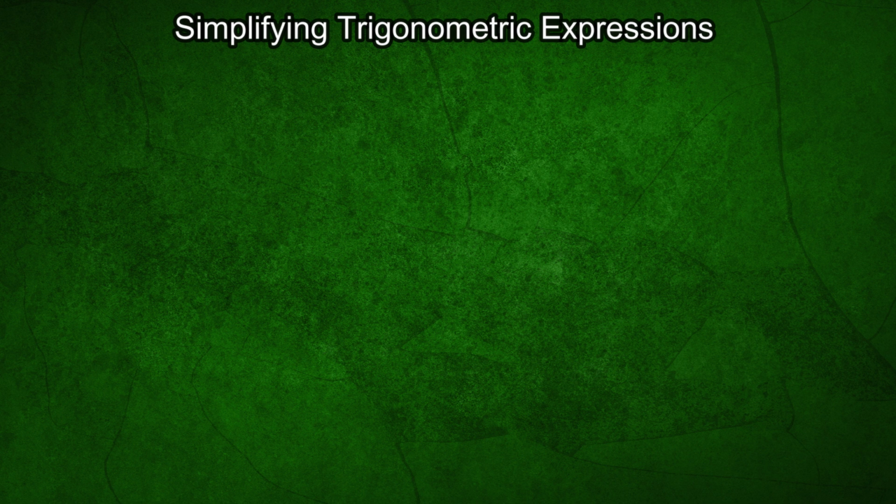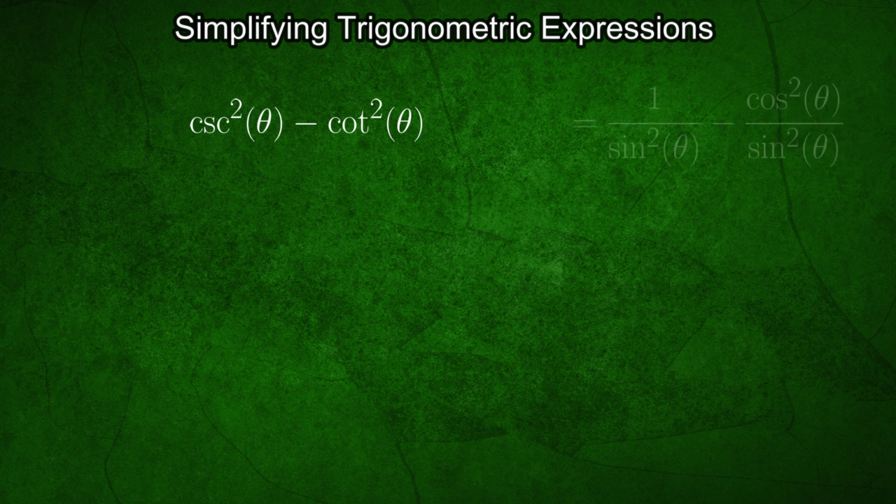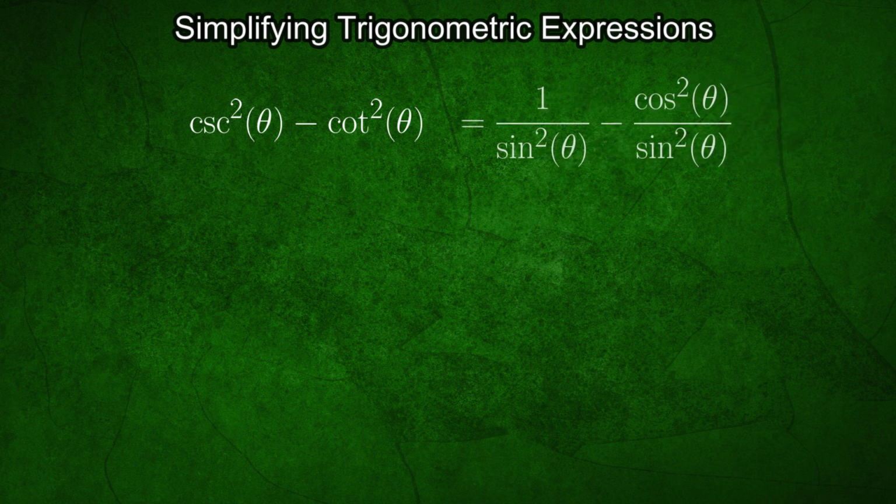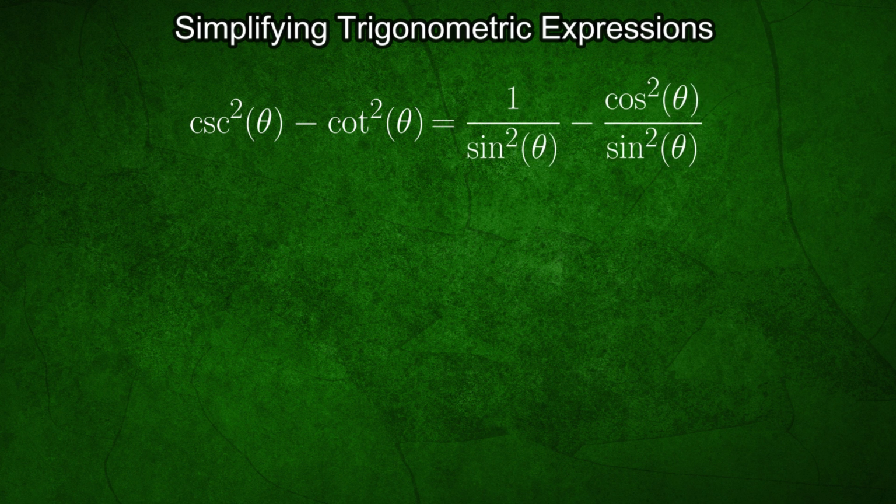Let us consider the expression cosecant squared of theta minus cotangent squared of theta. We know that cosecant squared of theta is 1 over sine squared of theta, and cotangent squared of theta is equal to cosine squared of theta divided by sine squared of theta.